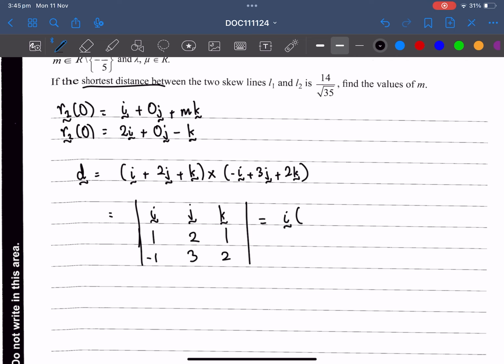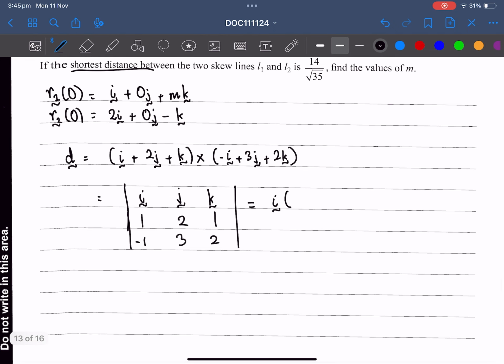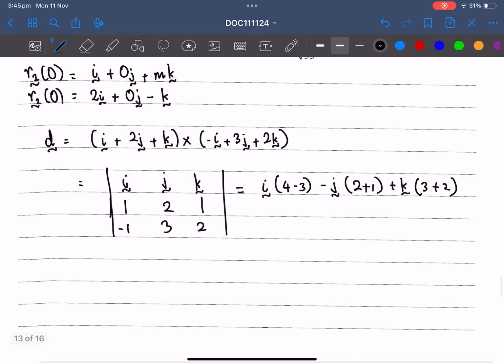So then i would be 2 times 2, 4, minus 3, so 4 minus 3, take away j times 1 times 2, minus 1 times 1, so 2 plus 1, plus k times 1 times 3, so 3 plus 2. So we'll have our answer as i minus 3j plus 5k.